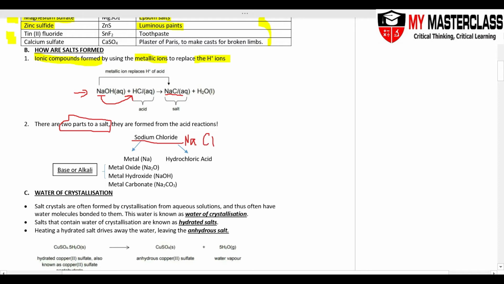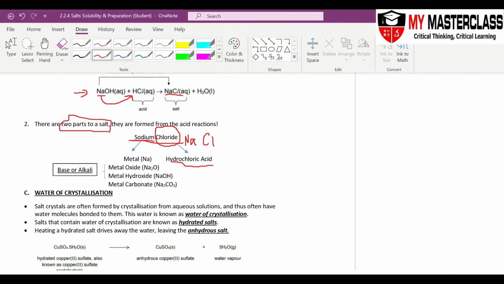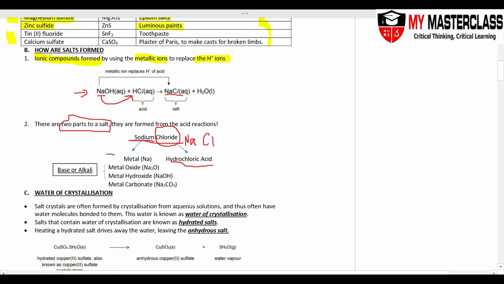A salt is made out of two parts. The second part will come from an acid, hydrochloric acid, and the first part will usually come from the four reactions that we learned. The first reaction is metal plus hydrochloric acid: sodium plus hydrochloric acid gives you sodium chloride, that's your salt.